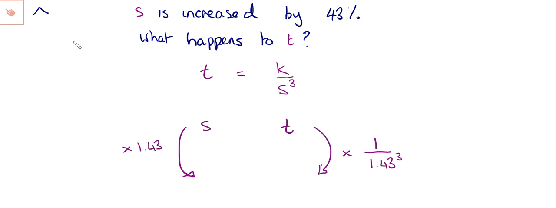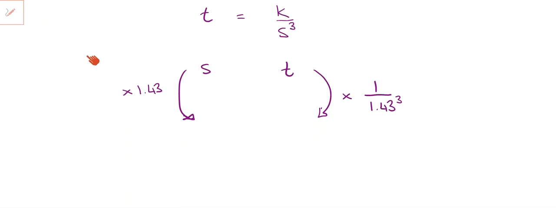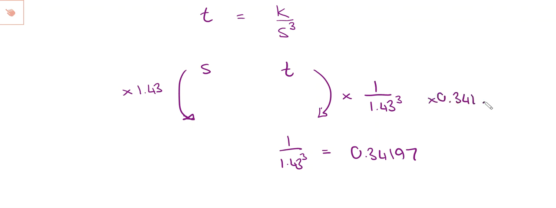Now, we've still got to interpret that, which is, what is 1 over 1.43 cubed? What do you get? 0.34197. Okay. So this gets multiplied by 0.34197. So what does that mean?